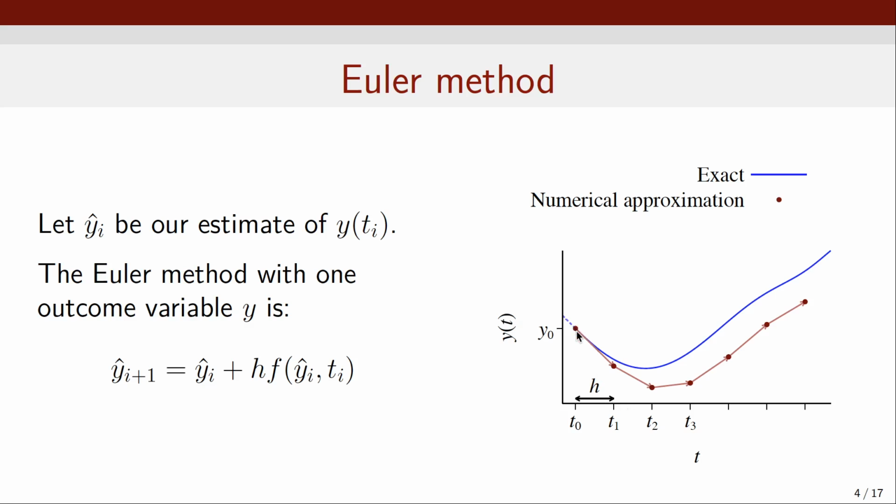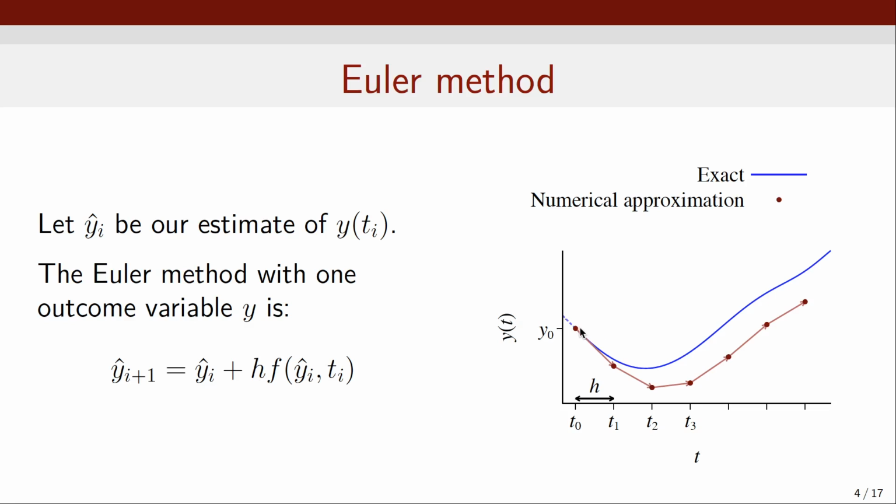So if we set that slope equal to the slope at the first point and solve for yi plus 1, we get this formula. We can also derive this formula using a first order Taylor expansion and keeping first order terms in h.